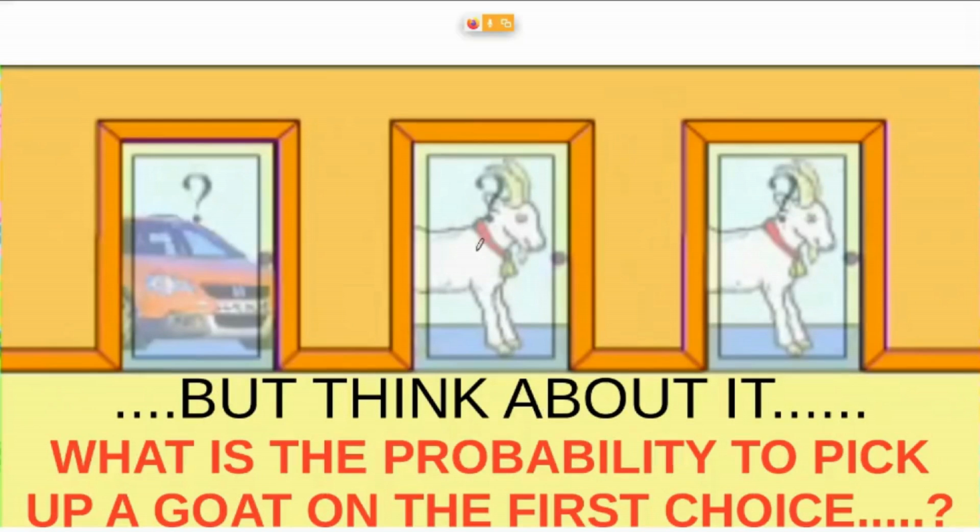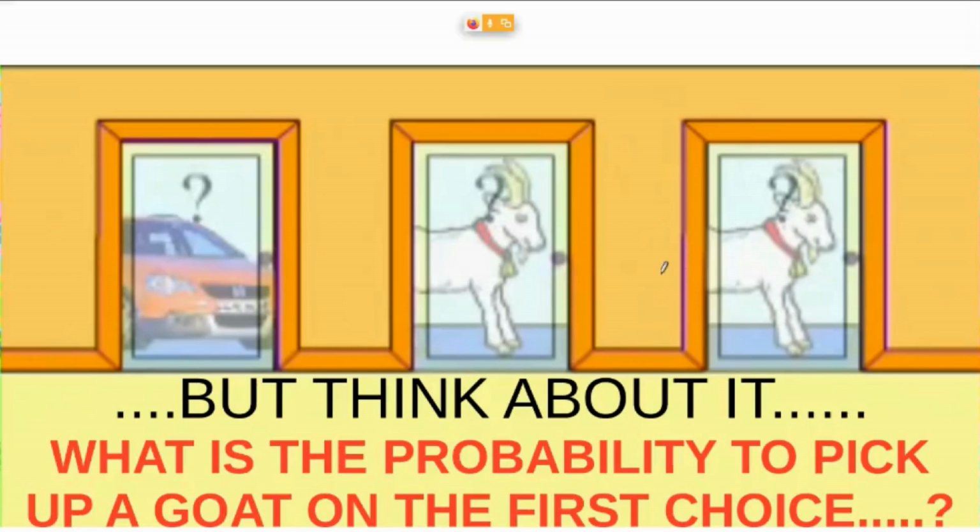Well, if you choose door number 2, you have 2 out of 3 possibilities to pick up a goat with this first choice. If you choose door number 1, you have 2 out of 3 possibilities to pick up a goat at the first choice. And the same goes for door number 3.